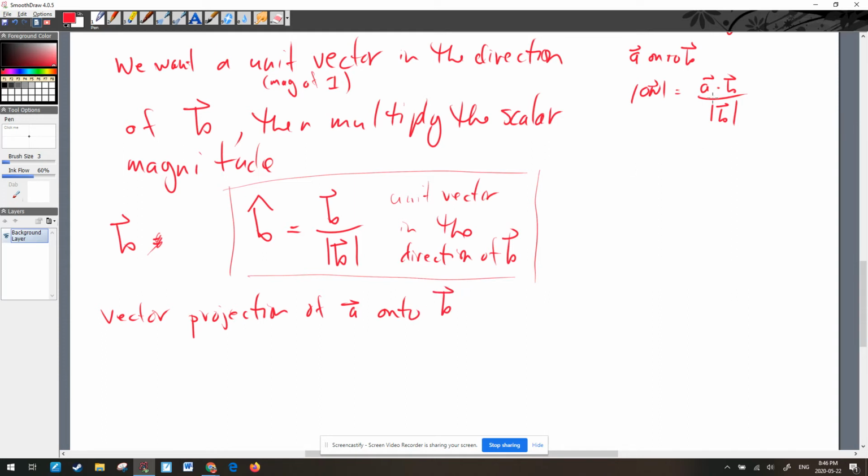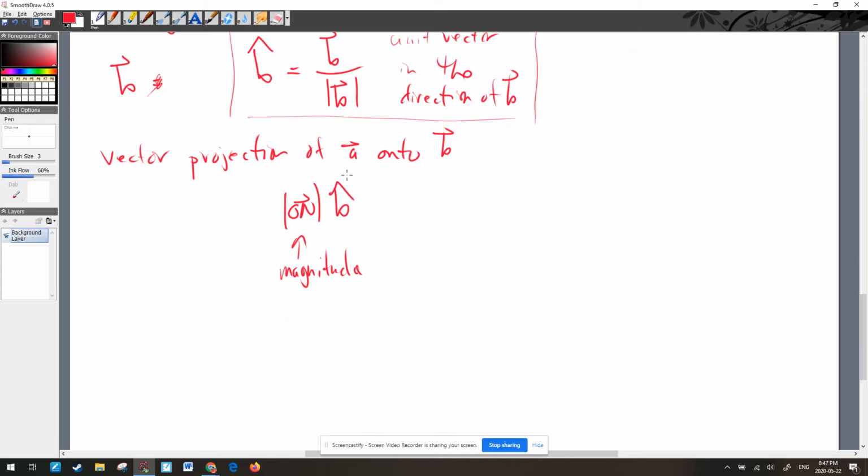We take this, and I'm going to come back and adjust this in a second, but this is the proper magnitude. And then I want to multiply that with the B hat, the unit vector in the proper direction. So that's the magnitude, and this is the unit vector in the right direction.